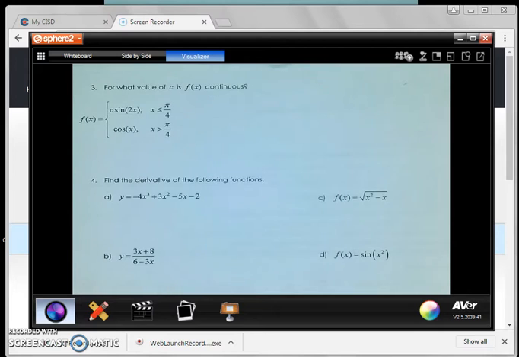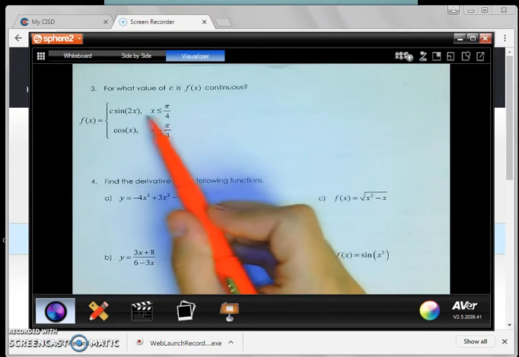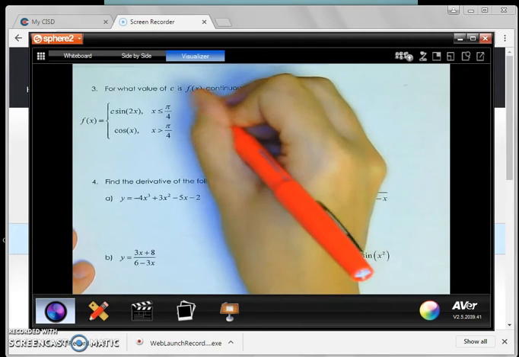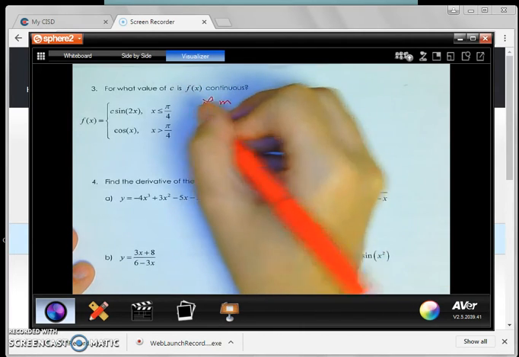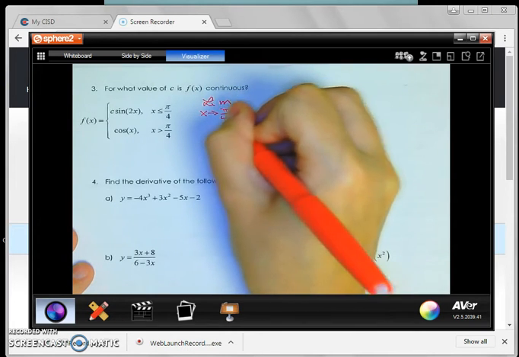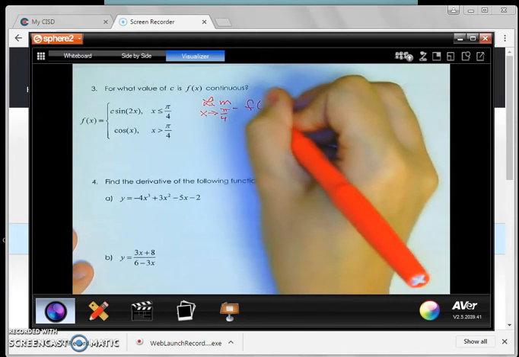Okay, so that's kind of our goal here. So what I would do is take it from the left and the right. It's going to exist because this one does have an or equal to sign. So when I take my limit from the left, so I take the limit as x approaches pi over 4 from the left of f of x.